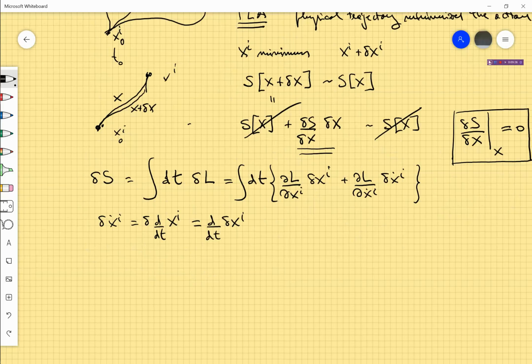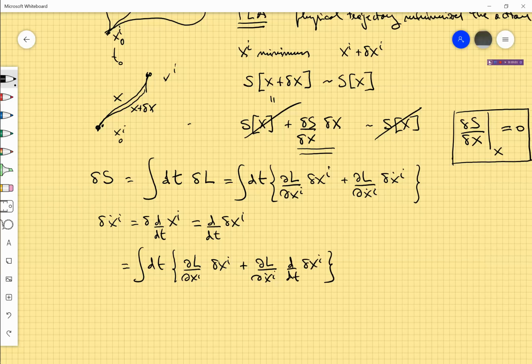Okay, using this partial result, I continue the calculation. Maybe I should first explain why I am continuing this calculation, and I'm not just taking this term as the term which is proportional to delta x.